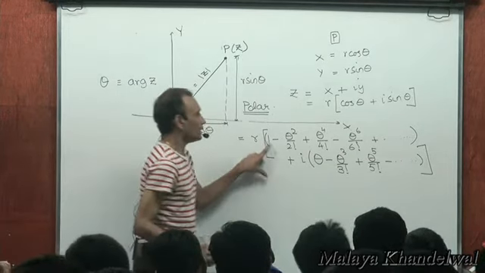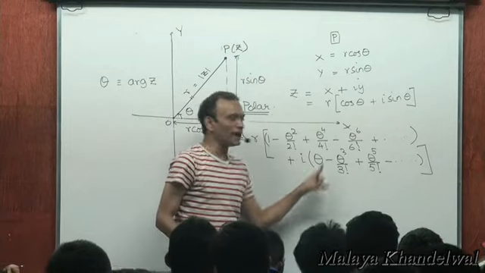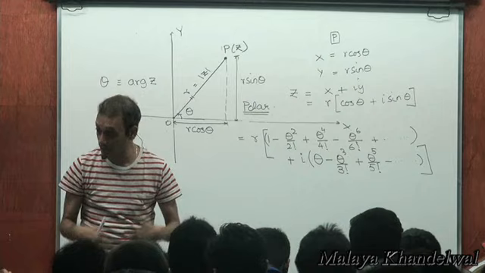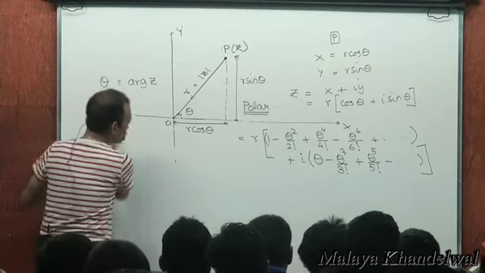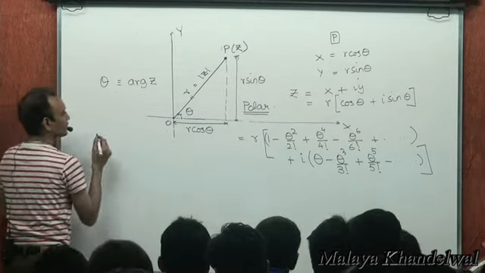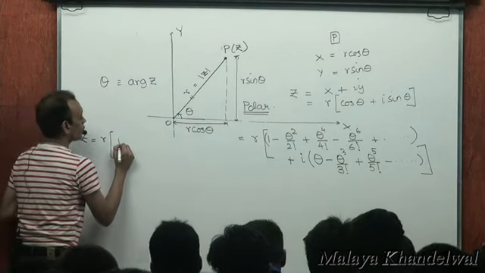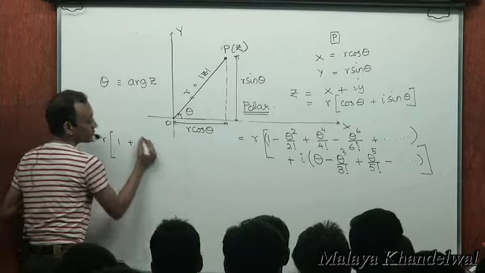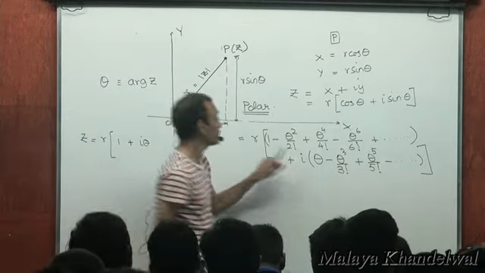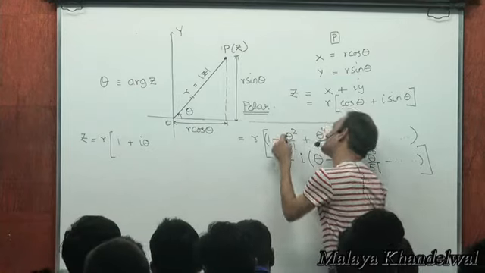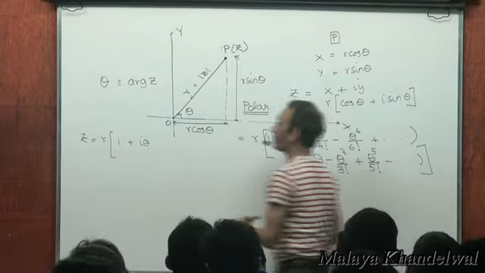Now, let me collect terms and write purely in ascending powers of theta. So when I do that, z is r times 1 plus i theta, right? And this minus 1 is i squared, yes or no? So this could have been written as i theta whole squared by 2 factorial.